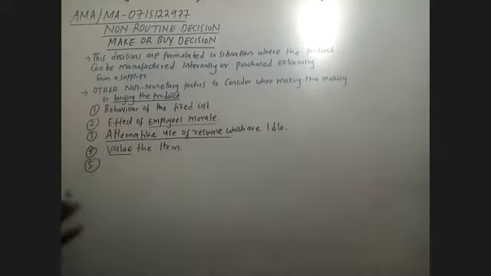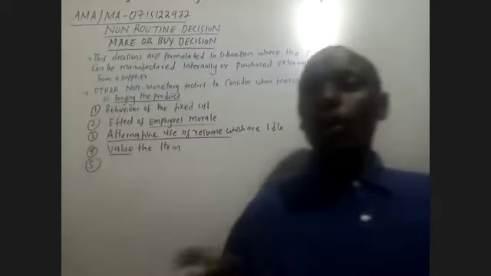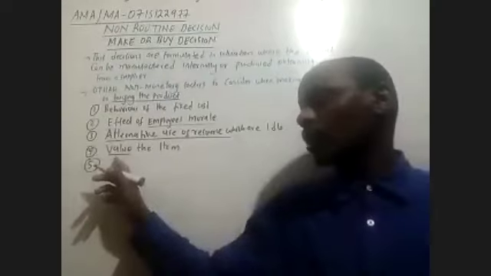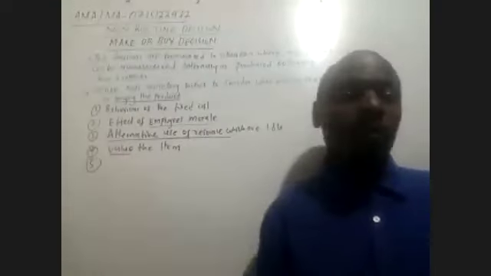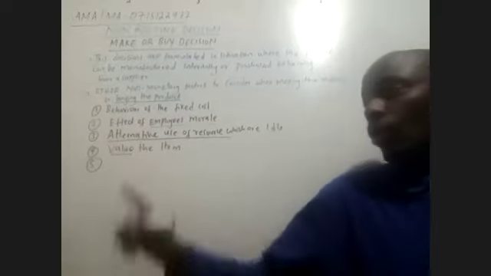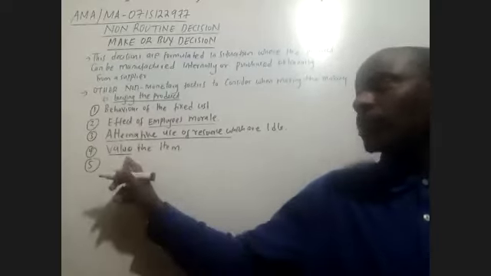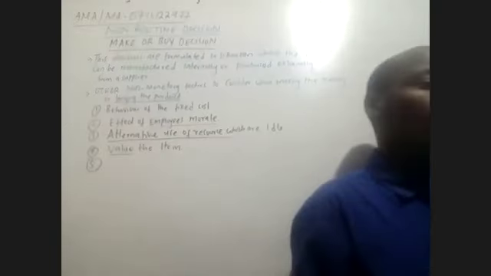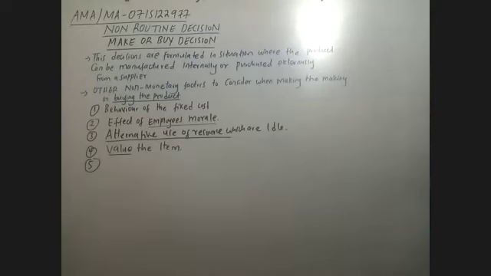You can consider the value before you decide whether to make it internally or buy it from an external supplier. If I make it by myself, will I be able to maintain the value of that product, or will it be best to buy it from the supplier where the value is maintained?